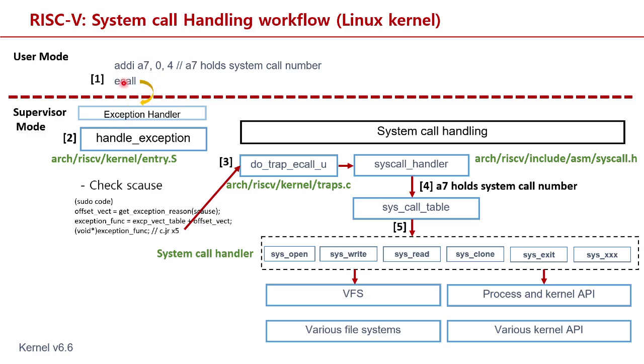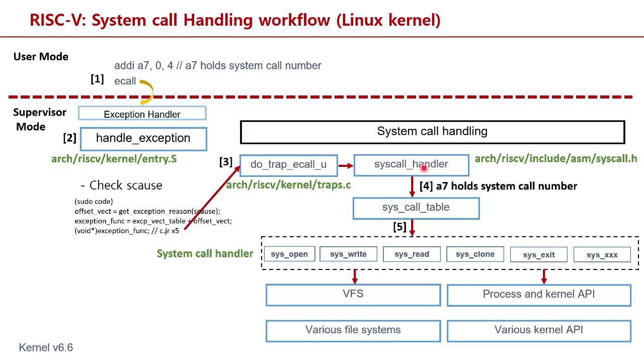After running the ecall assembly instruction, you're going to see this kind of workflow. After the handle_exception handler is called, the function do_trap_ecall_u will be called based on the value of the supervisor cause register.